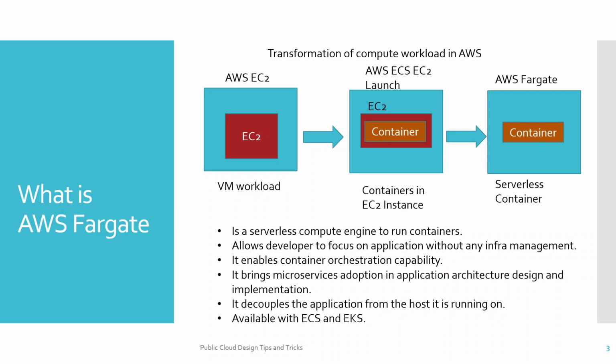It enables container orchestration capability because of ECS, and it brings microservice adoption in application architecture and design pattern for the implementation aspects. It also decouples the application from the host it is running on. We have already discussed, and it is available with ECS and EKS flavor. Okay, EKS is Elastic Kubernetes Service, ECS is Elastic Container Service.